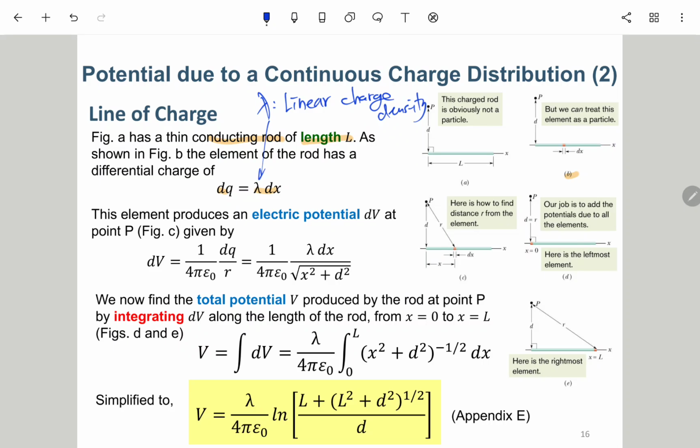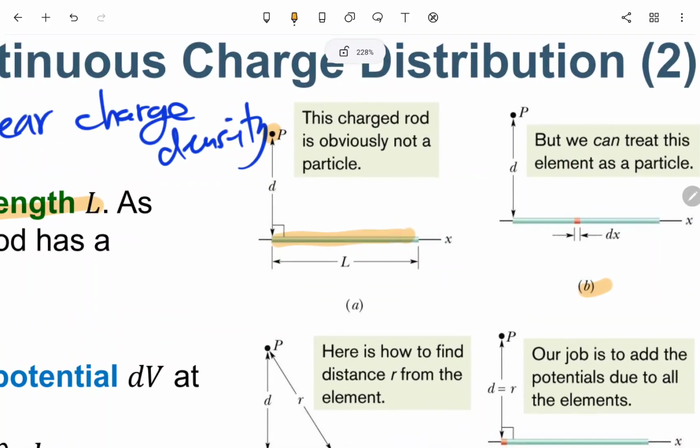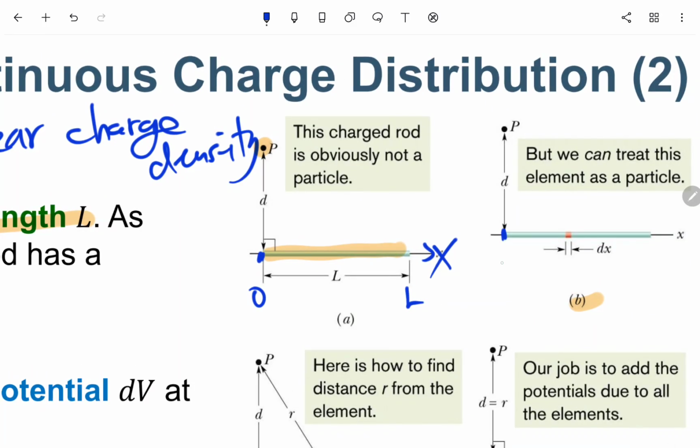What we want to find is the potential at point P generated by this rod. Here we superimpose the x-axis. This is 0, this is capital L, along the x-axis.